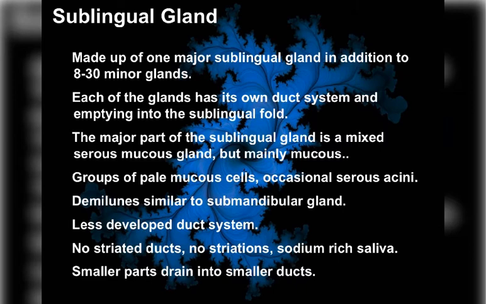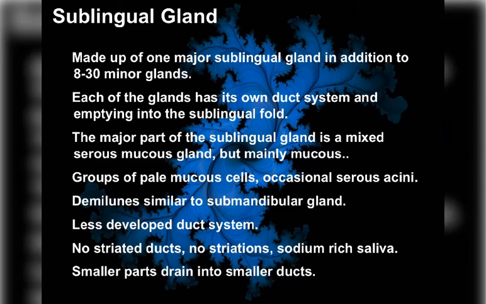So the secretory end pieces in the sublingual gland have three types. We have serous secretory end pieces, we have mucus secretory end pieces, and mixed secretory end pieces. The mixed is mucus tubules plus serous demilunes.